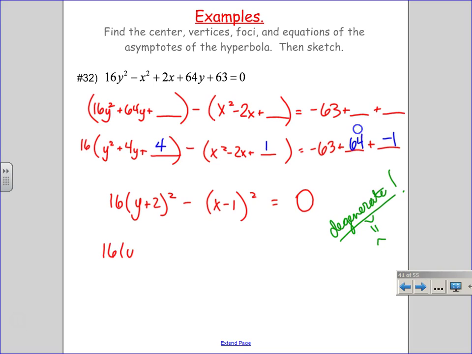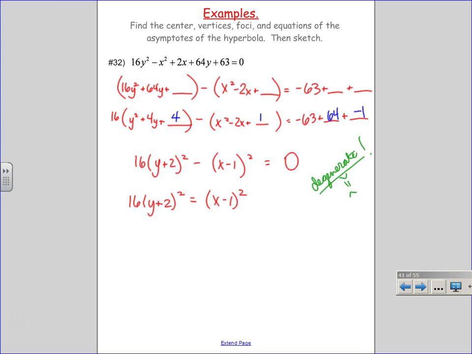We don't go towards the hyperbola anymore. We just go towards figuring out who he is, and we say, I don't know who he is. We stop going towards y minus k squared over a squared minus x minus h over b squared equals 1, because he's not going to go there. He's degenerate. So I added this to the other side, and then I'm going to take plus or minus the square root of both sides because everybody has squareds.